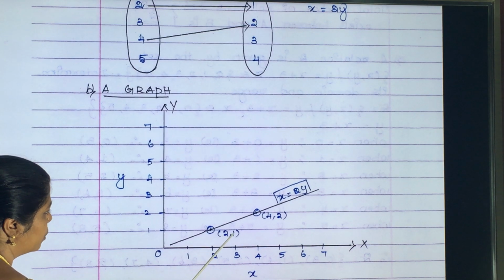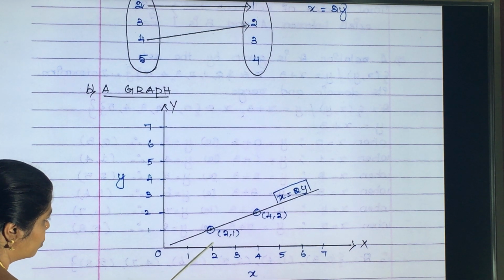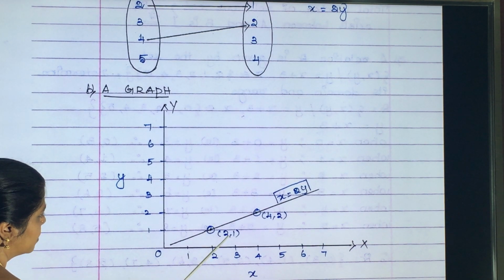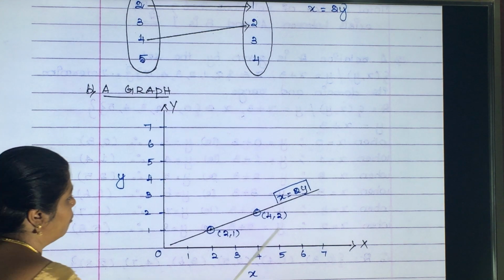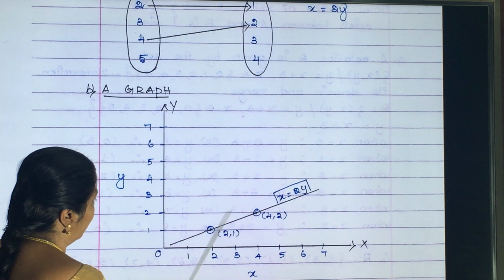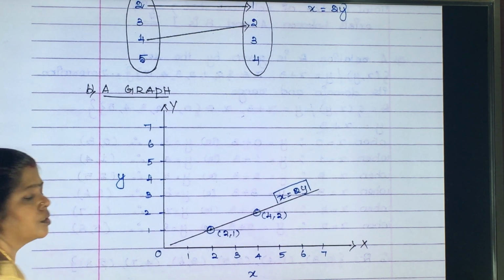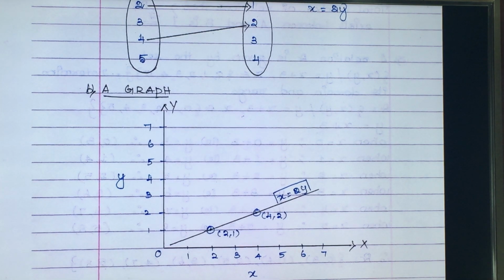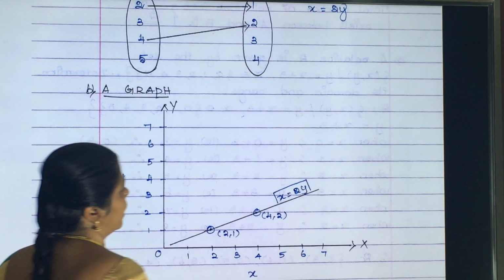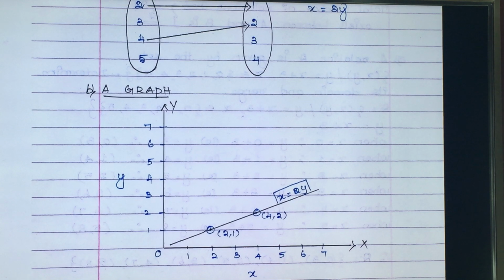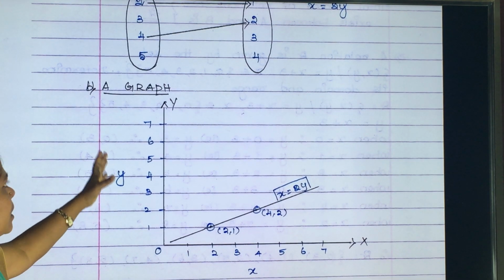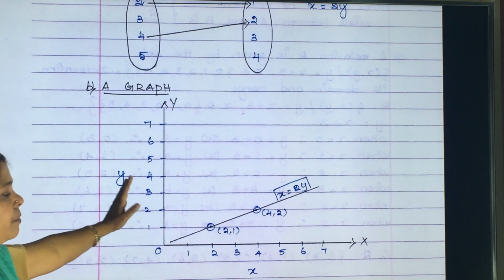So x value 2, y value 1. So (2, 1). Similarly (4, 2). X is 4 and y is 2. So we have plotted those two, and you can join them with a straight line, and you can write the equation x equals 2y. This is how a relation is represented in a graph.